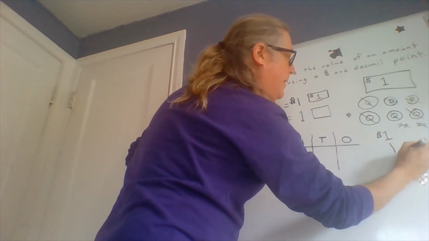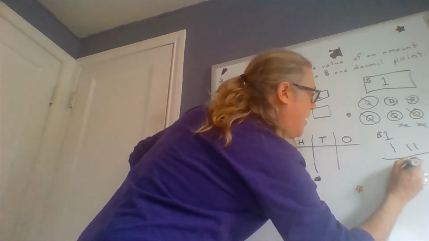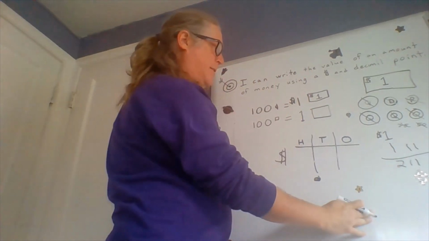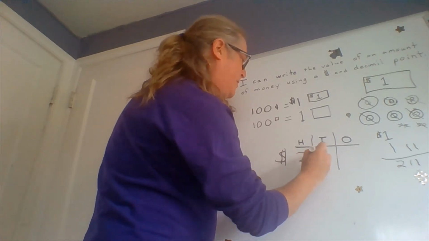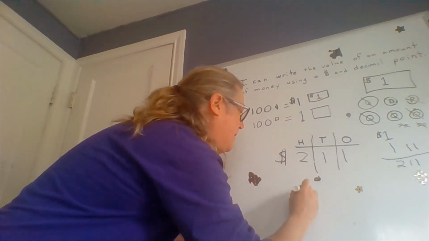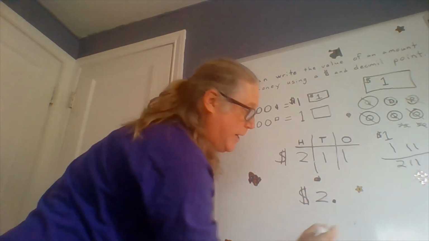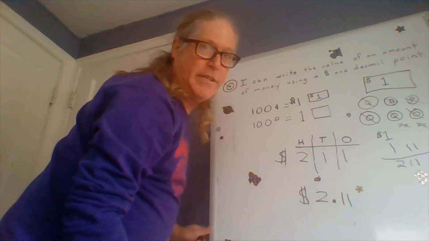Now we have to combine the cents with the dollars. Now we've got 211 cents. Put it on our hundreds mat: $2.11. Write it off of the hundreds mat: $2, decimal point, 11 cents.